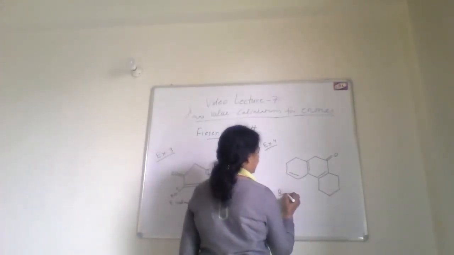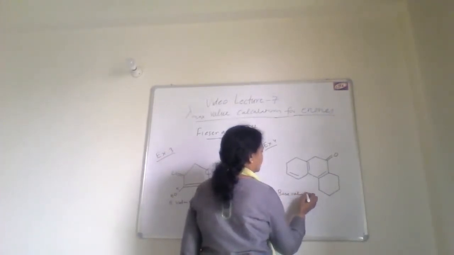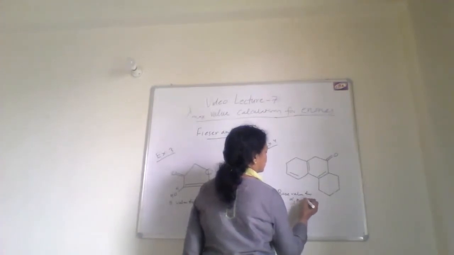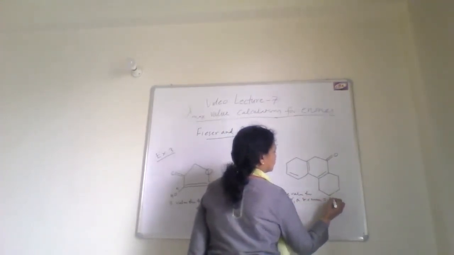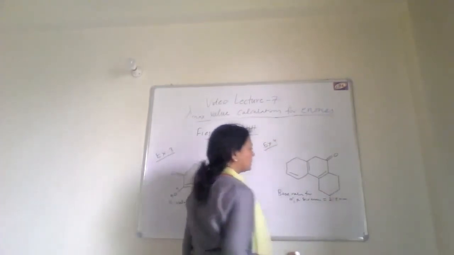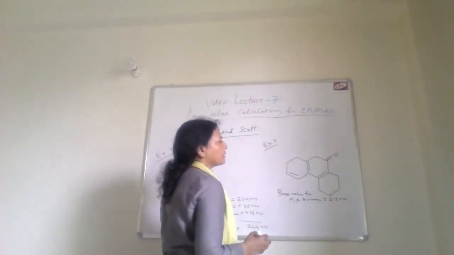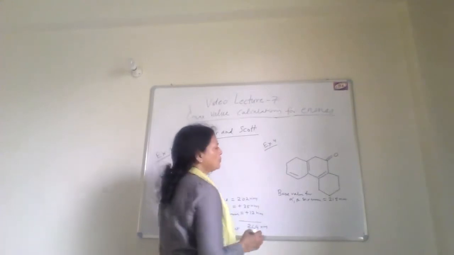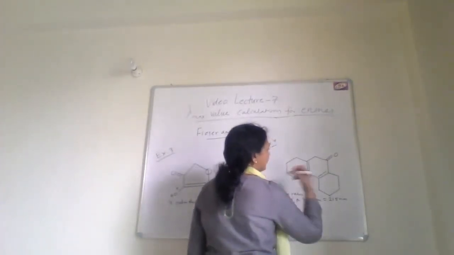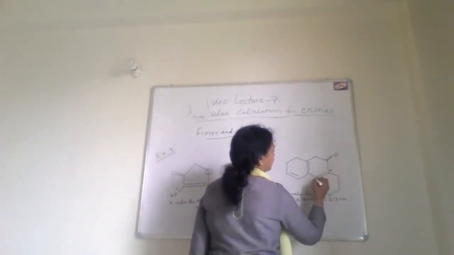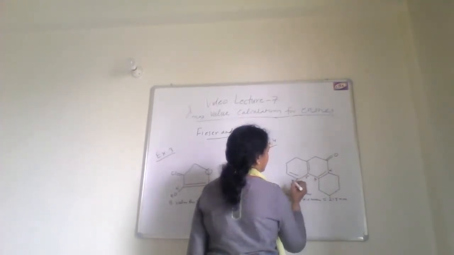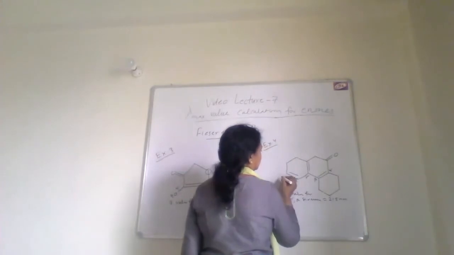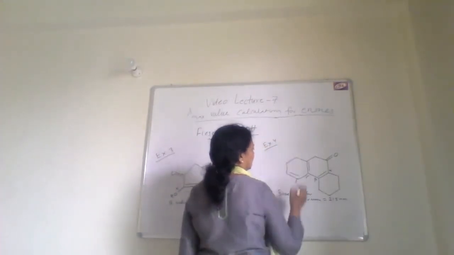So the base value for an alpha, beta unsaturated 6 member ring is 215 nanometers. See here, this is alpha, this is beta, this is gamma, delta, right? And so on.